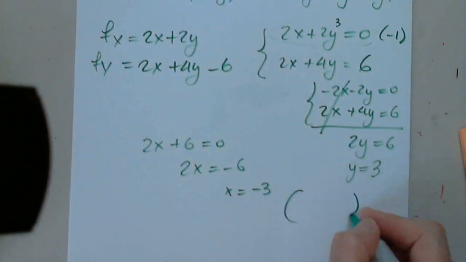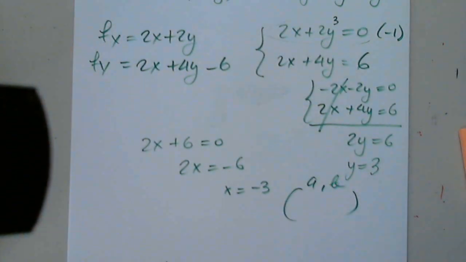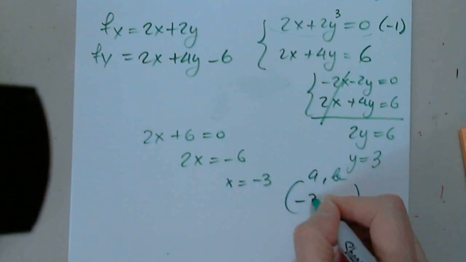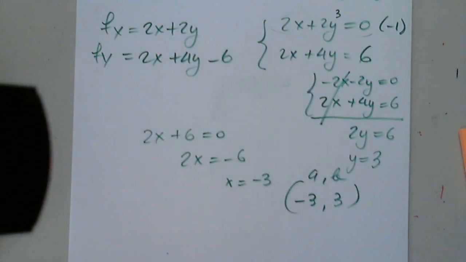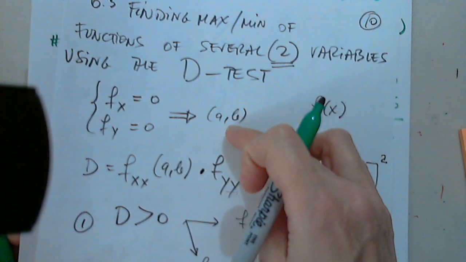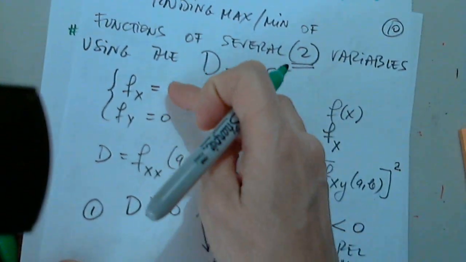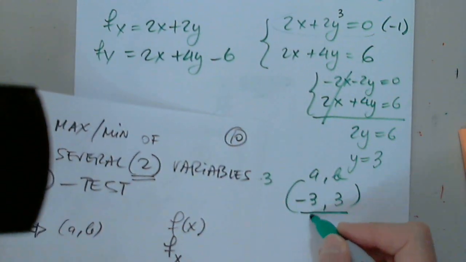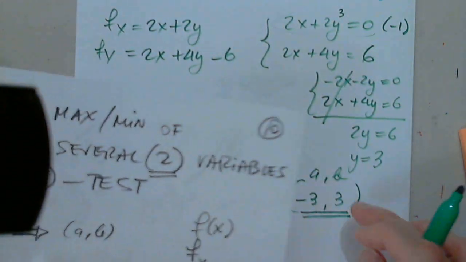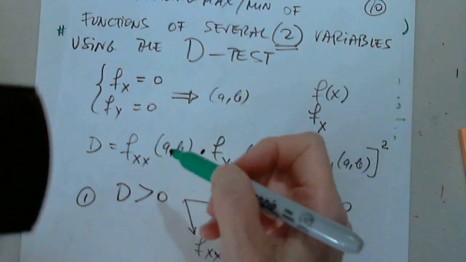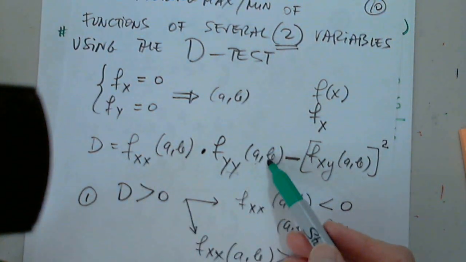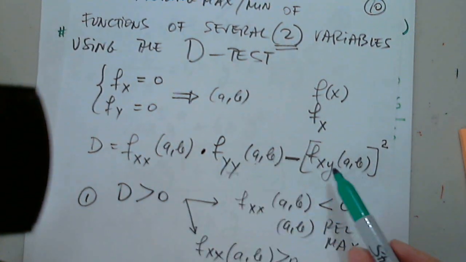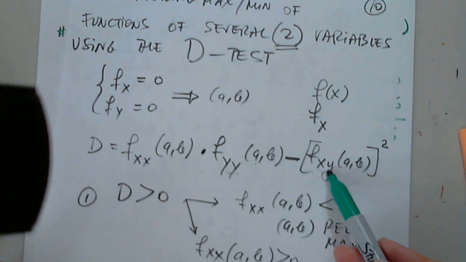So our point (a, b) from the D-test is (-3, 3). So now we have to plug (-3, 3) in fxx, fyy, and fxy.